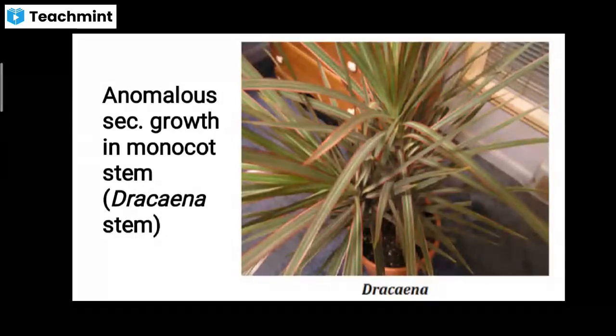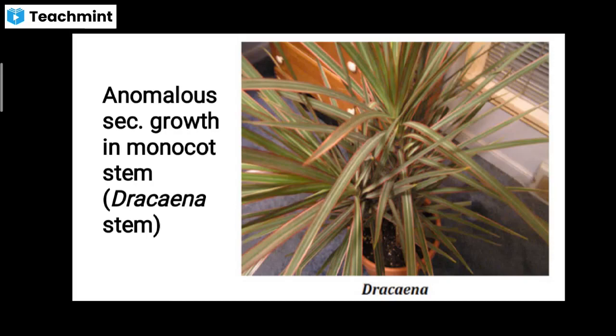Here, this Dracaena is an indoor plant. We can grow it in houses or offices. In that plant, you can observe the anomalous secondary growth in the stem.